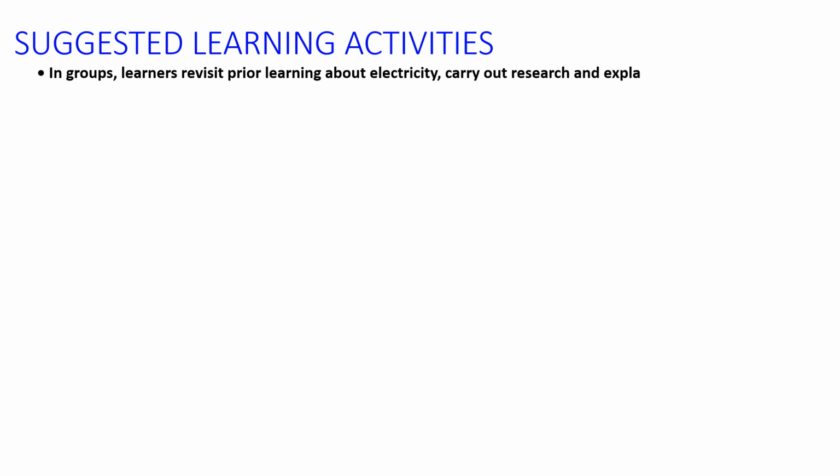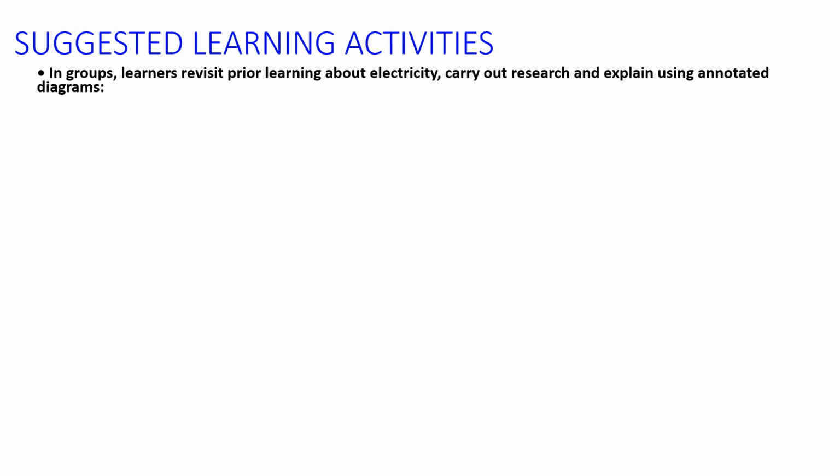So the suggested learning activities, what a learner has to do in order to achieve the outcomes, in order to achieve the competency. In groups, learners revise prior learning about electricity, using the prior information we have right from primary, what electricity is.